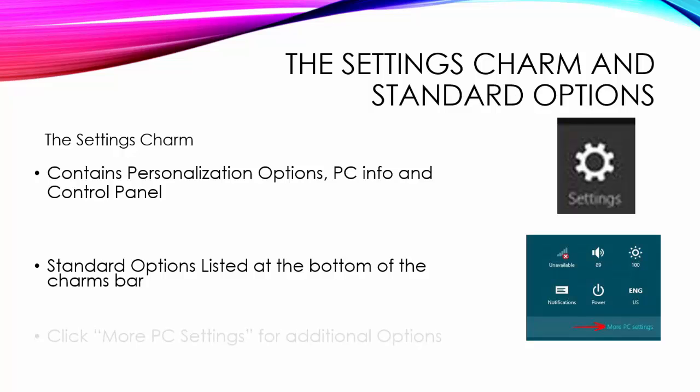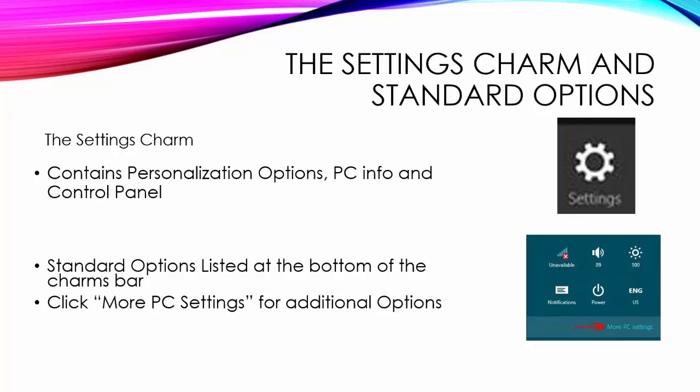There is also a More PC Settings link that shows additional PC options to change. The options at the top of the settings charm may change based on the application that is being used when the settings charm is invoked. As an example, if using Internet Explorer and the settings charm is invoked, Internet Explorer's different setting options will be displayed.